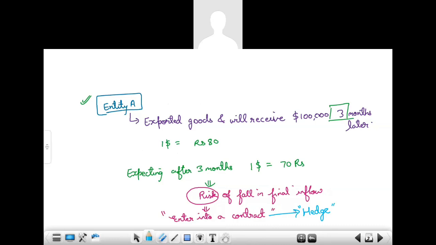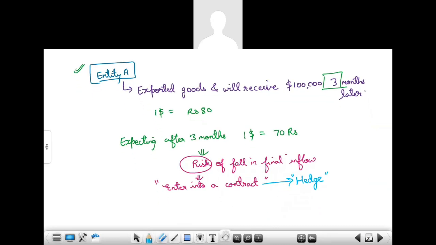Now, what can be possible? They can go into the market and entity A can say to Mr. X, any market participant, please, I want to make a contract with you that 3 months later, I will come and sell $1 lakh to you.